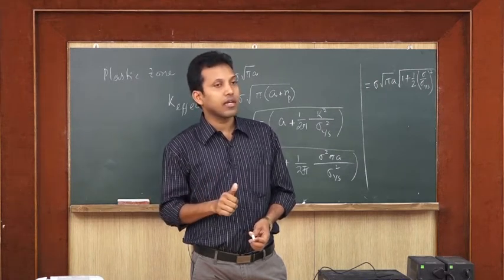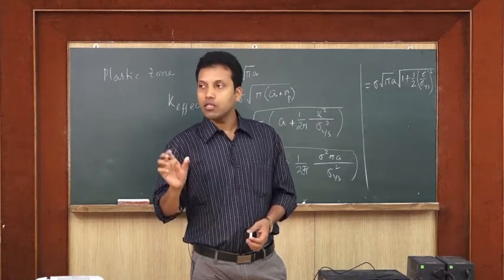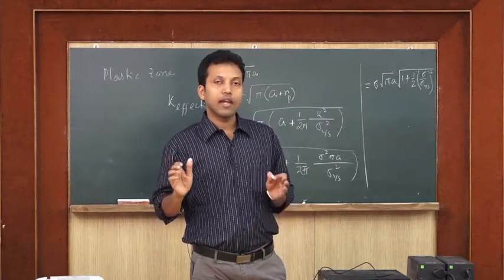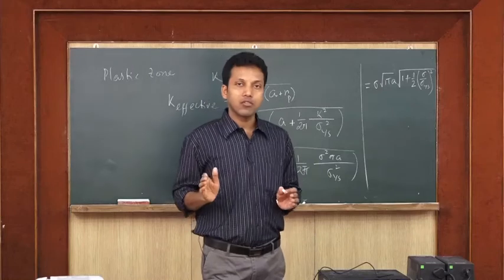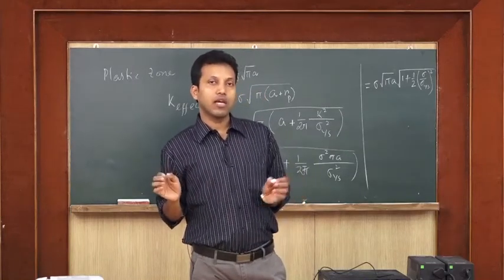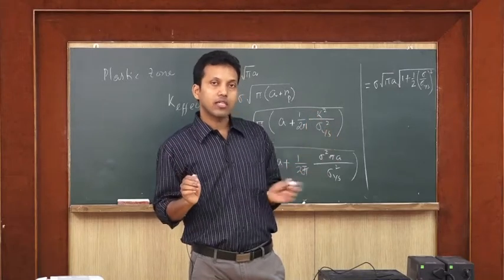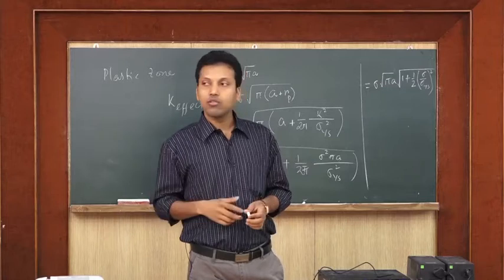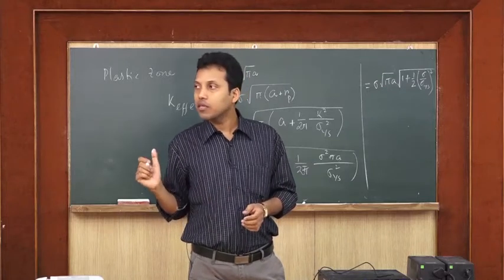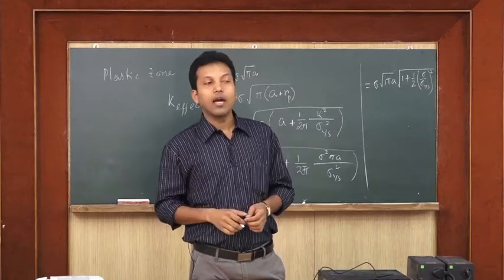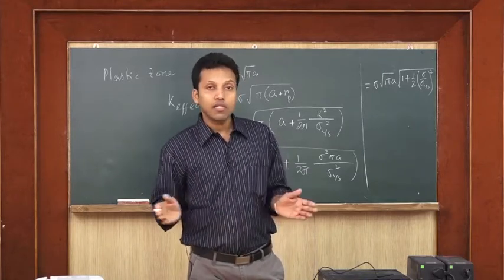So this is an iterative method: by putting the value of r_p in the equation, I get an idea about the plastic zone size, and based on that plastic zone size I can calculate a certain stress intensity factor K. That K we consider as K effective, but now based on this new K effective, again I can have a new plastic zone size.